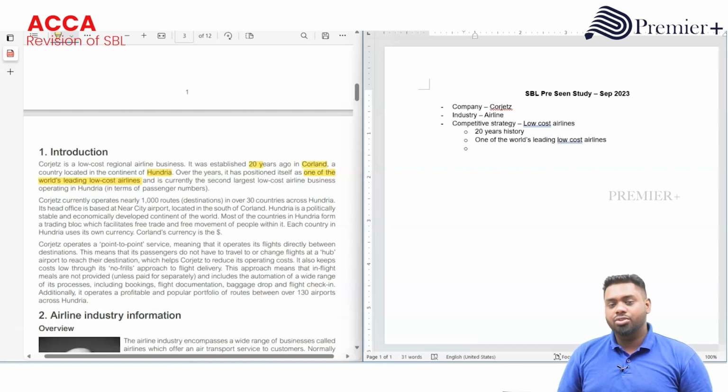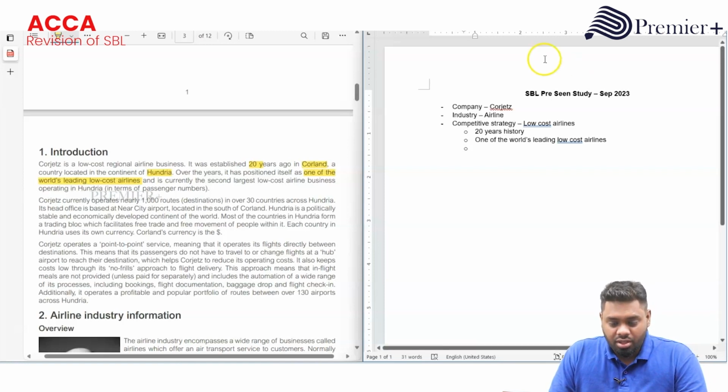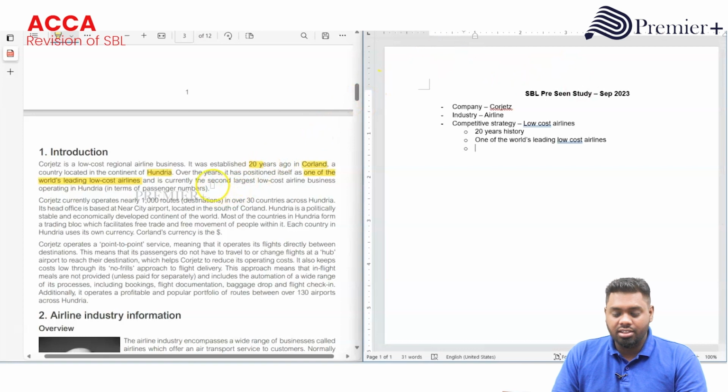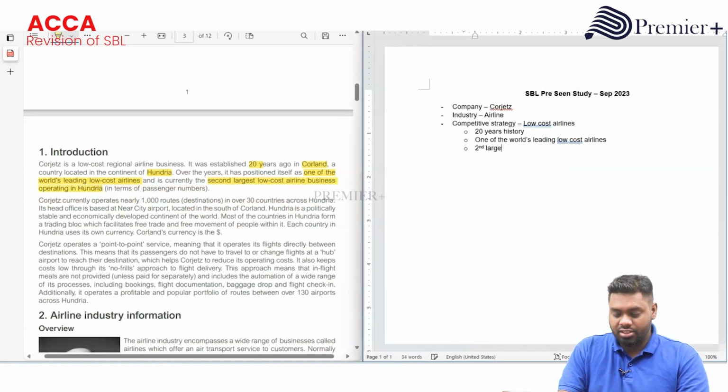So it has its reputation throughout the globe, and it has established itself as one of the major leaders in low-cost airlines, saying that we have sufficient customers, and is currently the second largest low-cost airline business operating in Hungary. Second largest in Hungary, so it's the Hungarian continent.